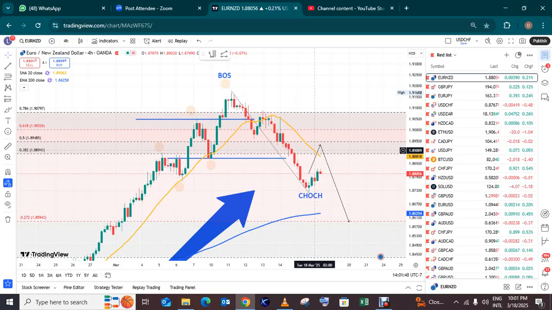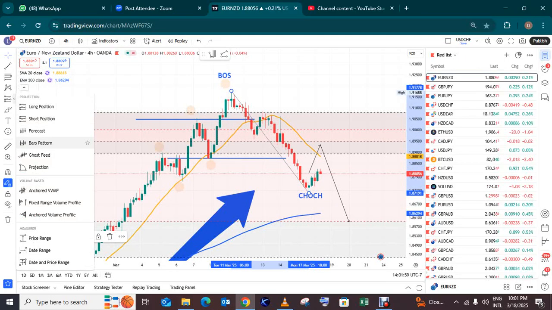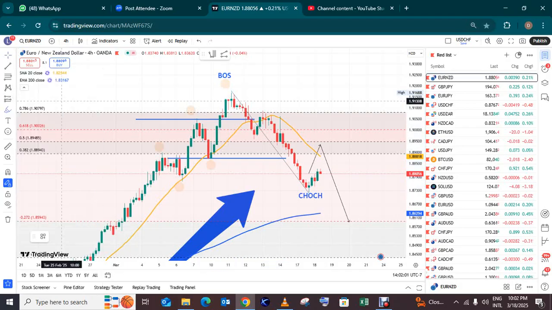Fibonacci retracement tool. Okay, you can see it here on this Euro NZD right now. Okay, you can see we have the 0.786, 0.618, 0.5, 0.382.